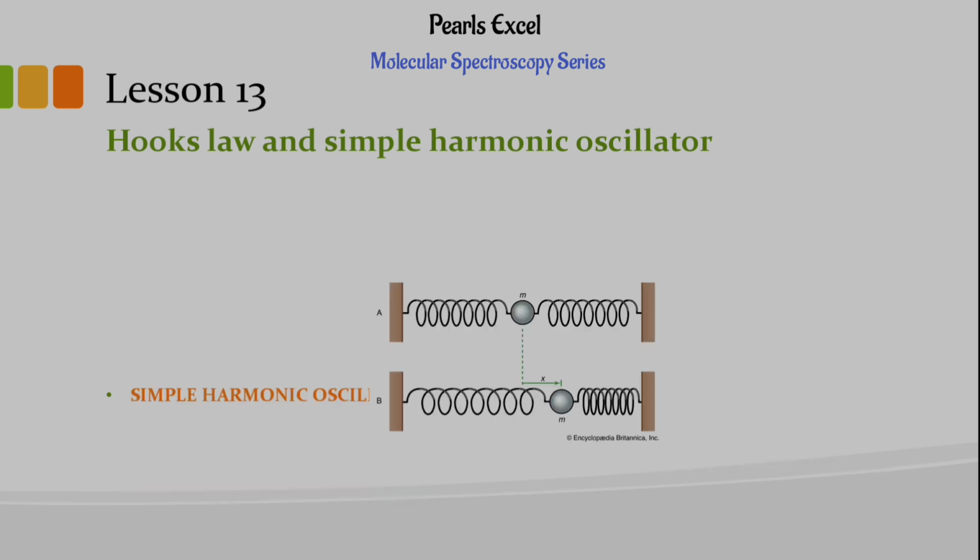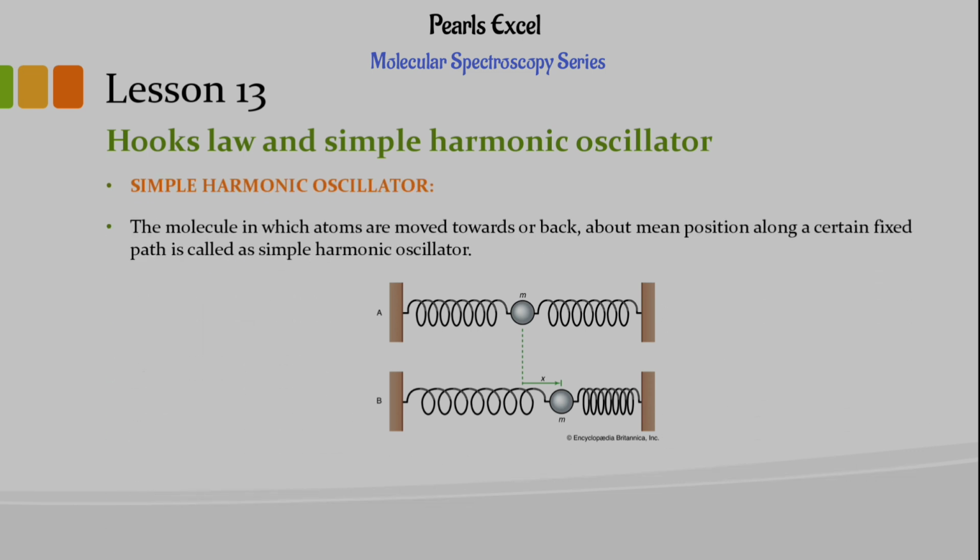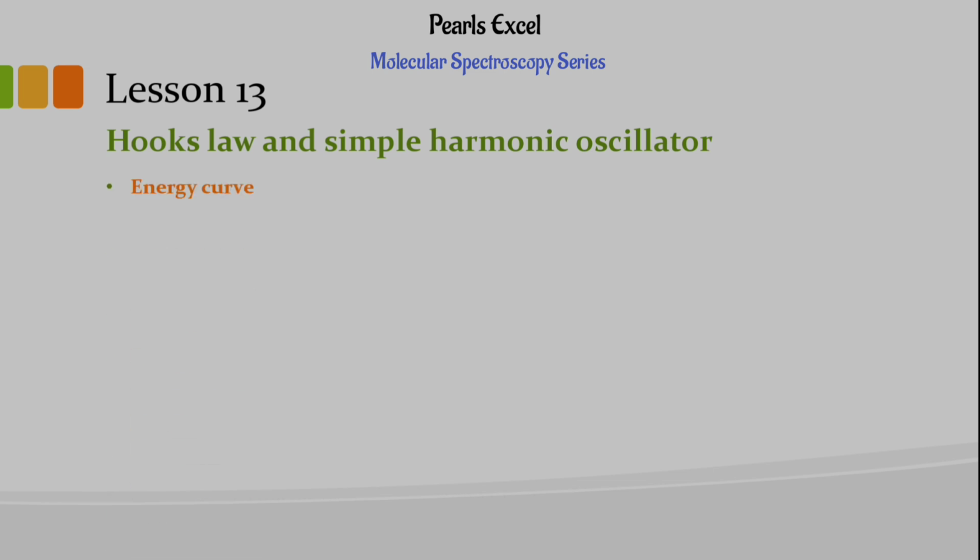Simple harmonic oscillator: the molecule in which atoms move towards or back, about the mean position along a certain fixed path, is called a simple harmonic oscillator. Stretching and compression take place on a single fixed line, as you can see in the above diagram. Further, understand these phenomena with the energy curve diagram.